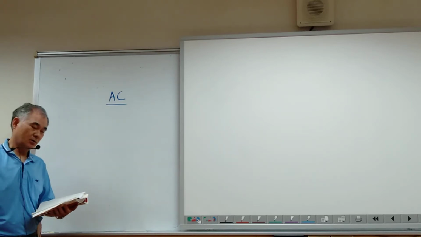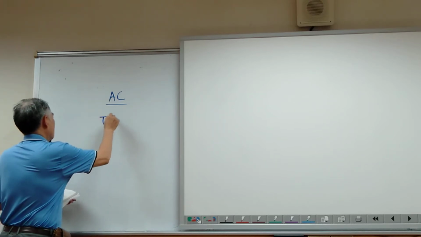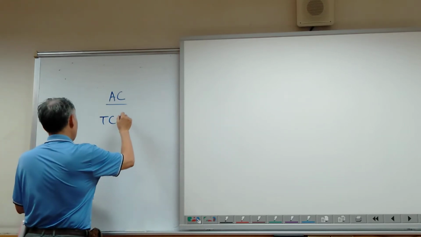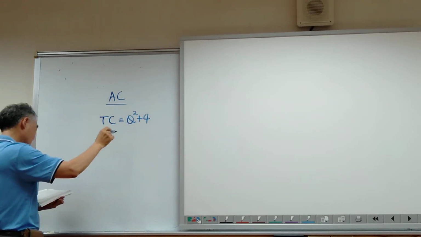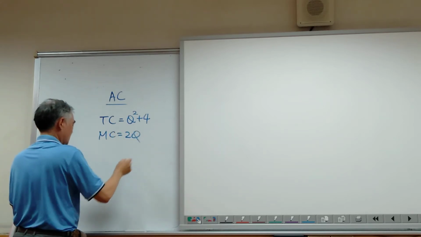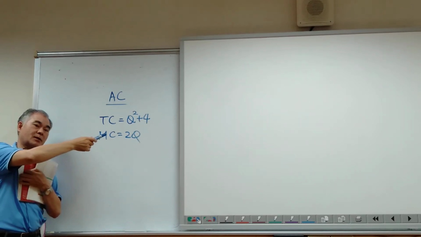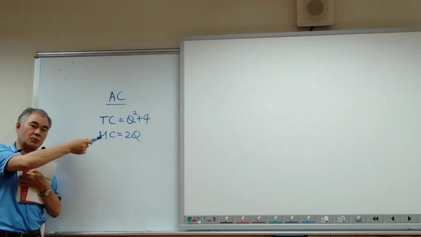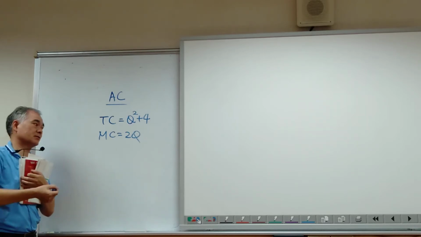Total cost is equal to Q squared plus 4, and MC is equal to 2Q, because of differentiation with respect to Q. You definitely have to know basic calculus.